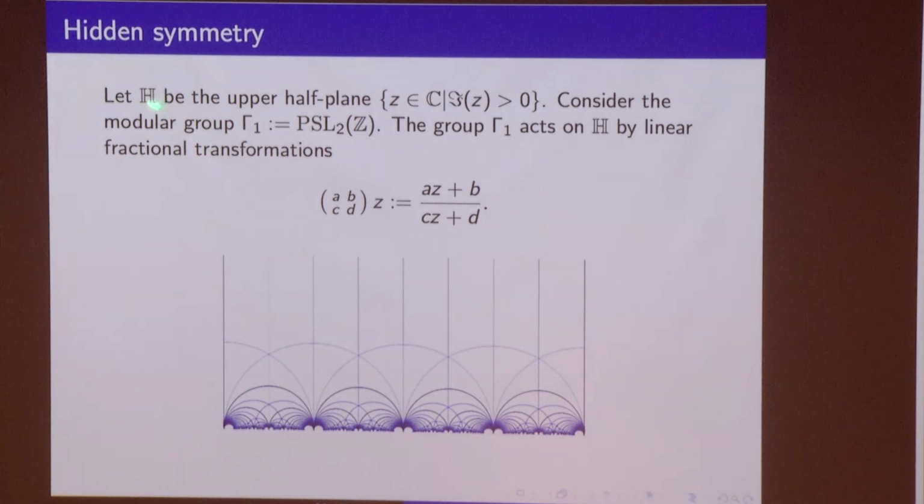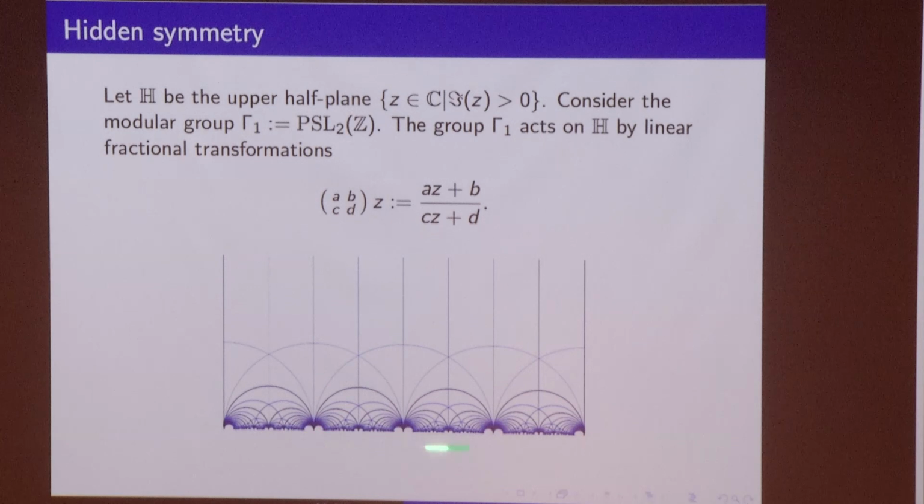We denote by H the upper half plane, the set of all complex numbers with a positive imaginary part. Then the group PSL2(Z), the group of 2 by 2 matrices with integer coefficients and determinant 1, acts on the upper half plane by linear fractional transformations.